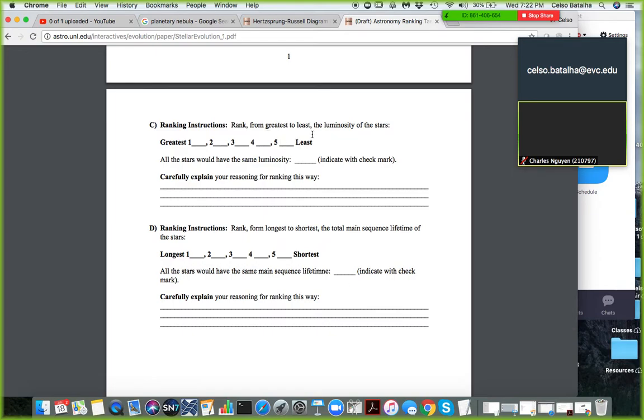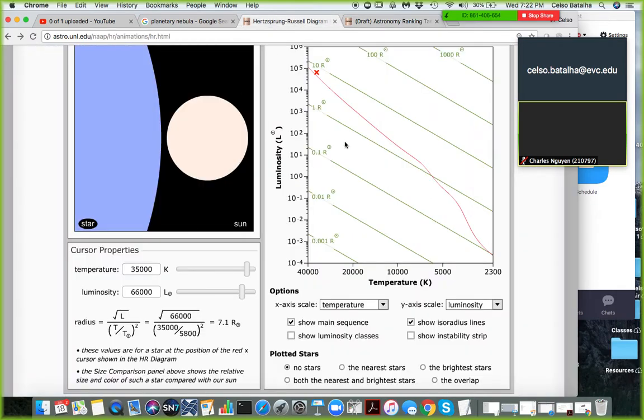The greatest to the least luminosity of the stars is the same thing. The luminosity we can read on this vertical scale. Up on the left-hand side are the biggest, the most luminous, the hottest.